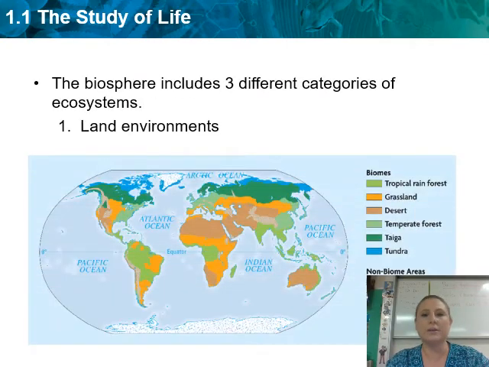Now, when we talk about dividing the biosphere up into ecosystems, we have 3 different categories of ecosystems. We have the ecosystems that we can find on the land. If you remember back to middle school, the land portions were called the lithosphere, the rock portions of the earth.